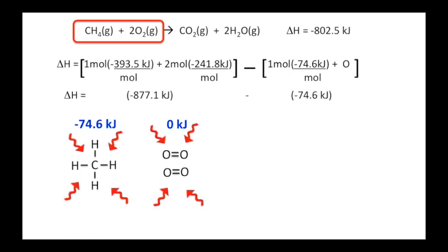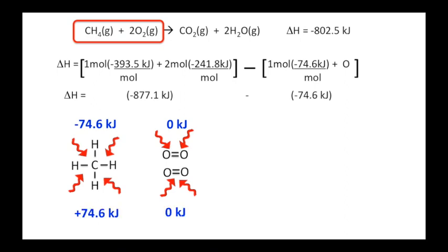We have to pump energy in. When we break bonds, energy is absorbed. So those bonds are snapped. In order to break methane, I have to pump 74.6 kilojoules in, and it snaps. Elements, we'll just say 0.